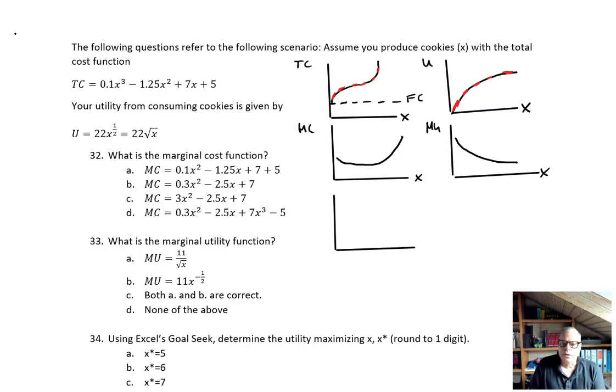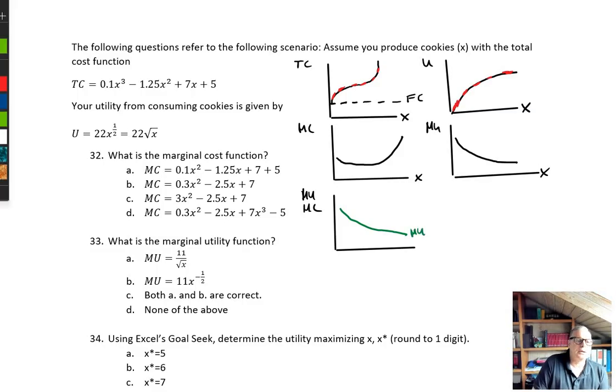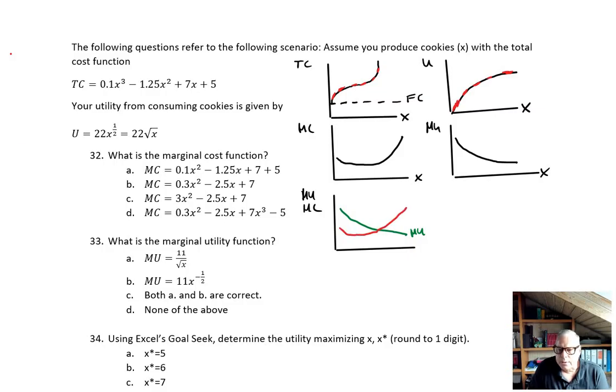Okay, so now we have here the marginal utility and the marginal cost. So maybe I give the marginal utility in green, and then the marginal cost in red. So now we know that here the extra utility is greater than the extra cost, so you have it.